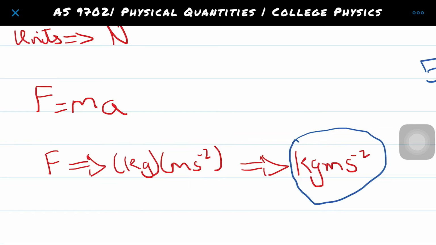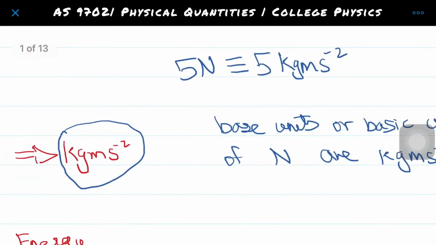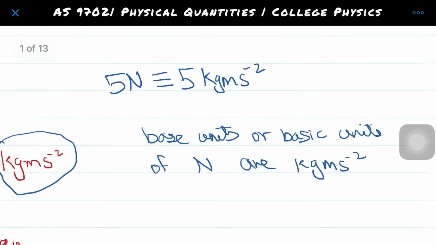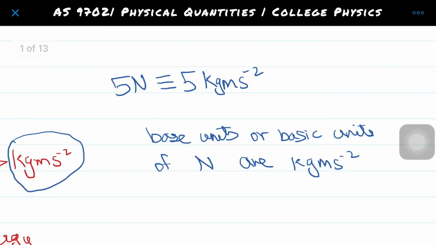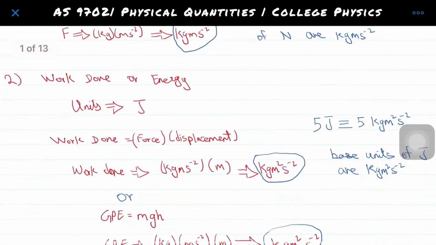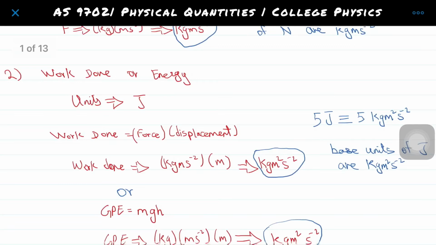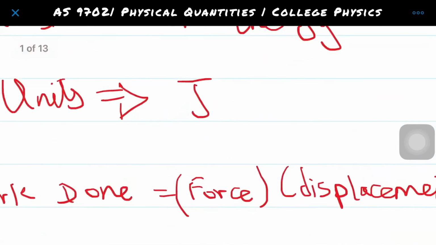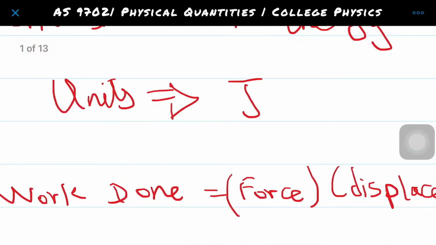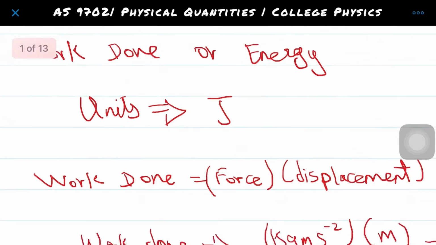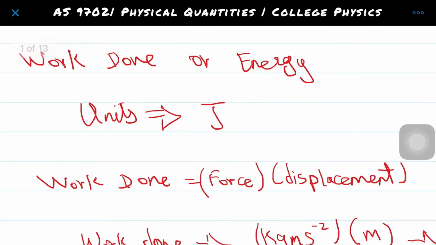Moving on to the next quantity, which is work done or energy. So we know that the unit of work done or energy is always the joule, right? And we know that the formula of work done is force multiplied by displacement. So work done is basically the product of displacement and force. So we derived the base units for force, which were kg m s^-2.